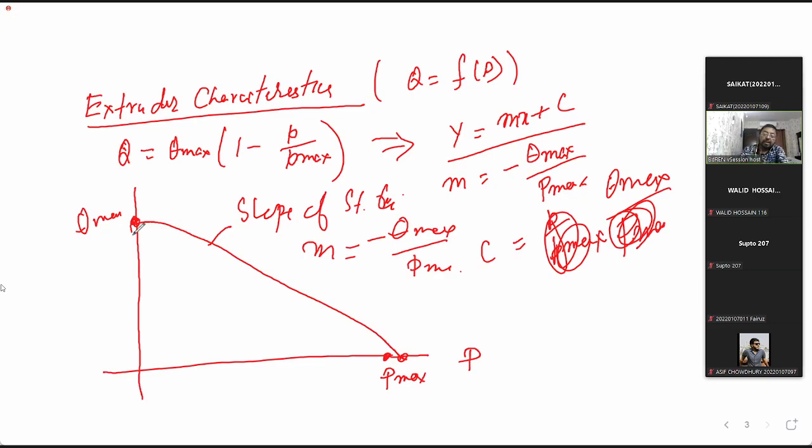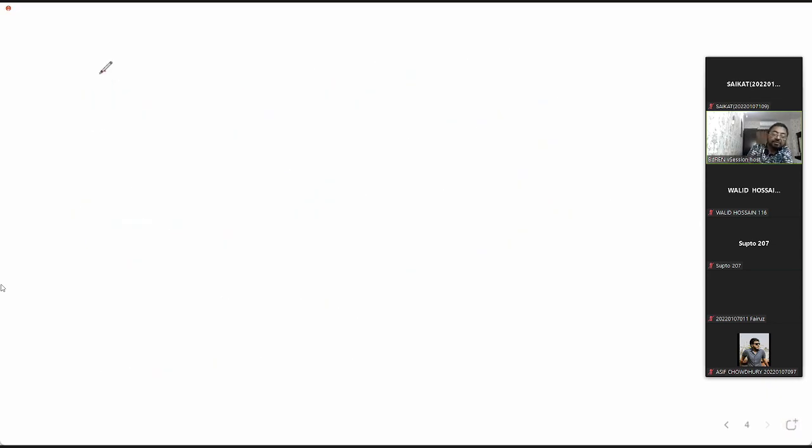Okay. Now that means extruder characteristics we know. Now we shall come to the die characteristics.